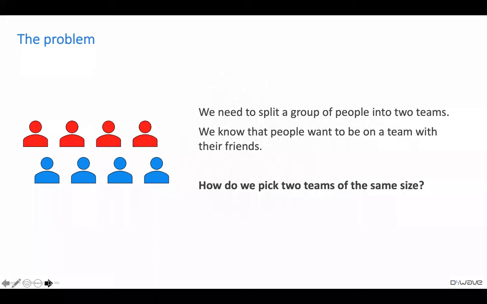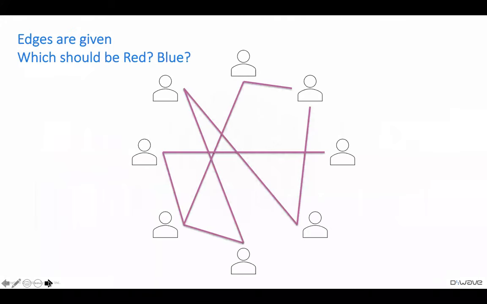Luckily, we're not solving it in that way, because there's no people who are better than others at whatever sport it is. In this case, there's going to be reds and there's going to be blues, and we need to divide them up into two teams. Also, we want to keep people on the team with their friends, much as how it was chosen in childhood. And the edges, in this case, the relationships, are given.